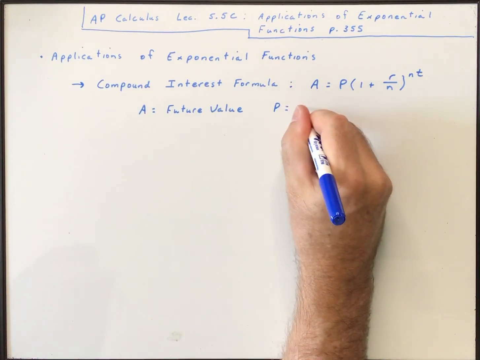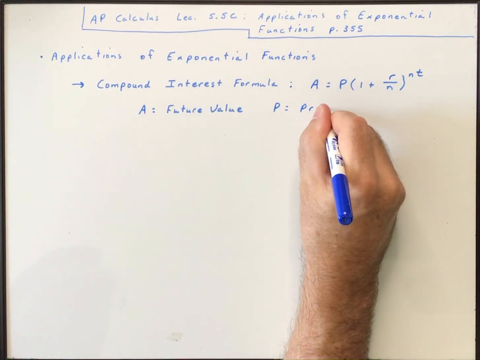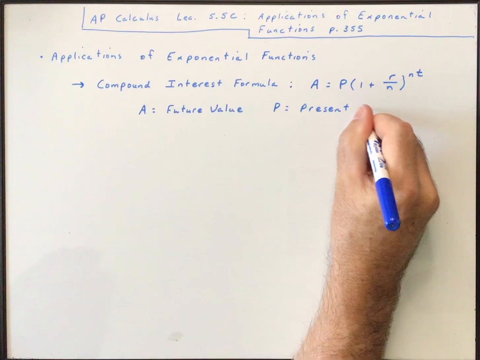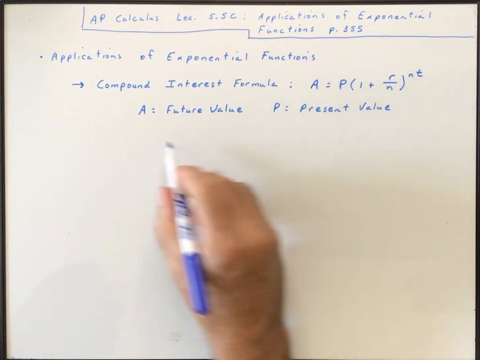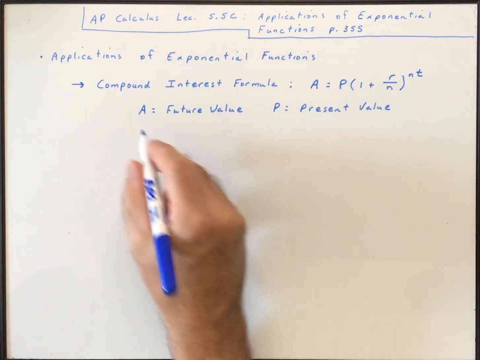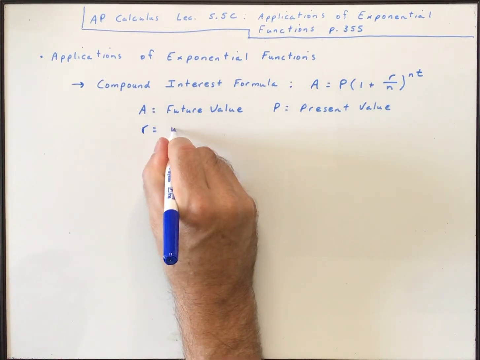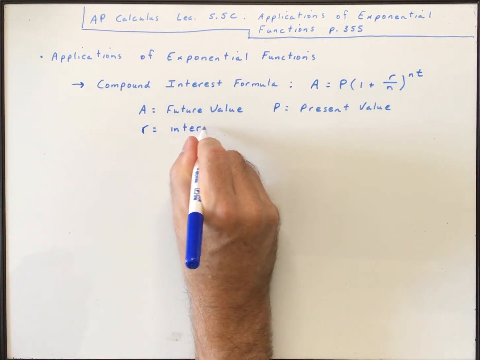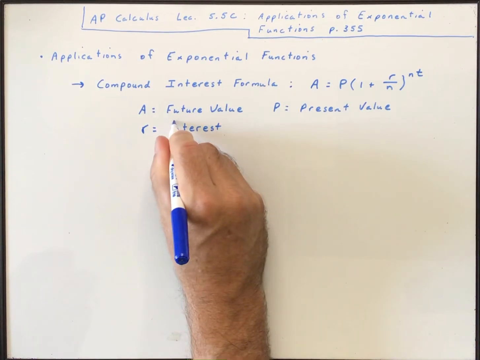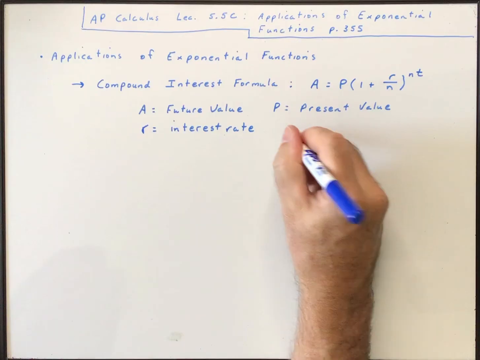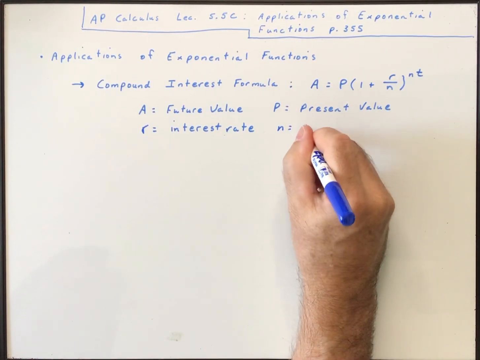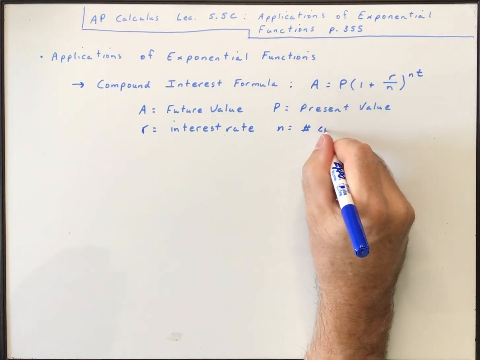P is the present value or current value, because money has a time value. R is equal to the interest rate. N is the number of compoundings per year.